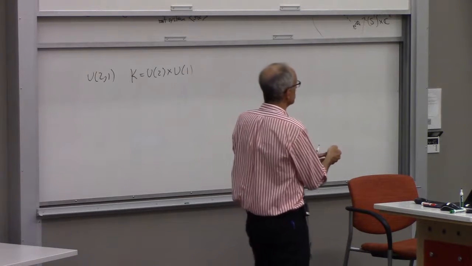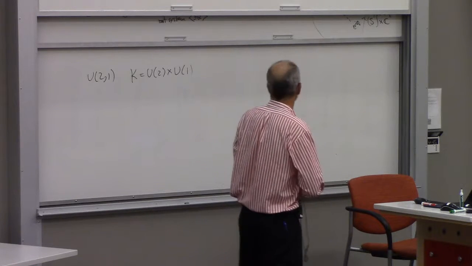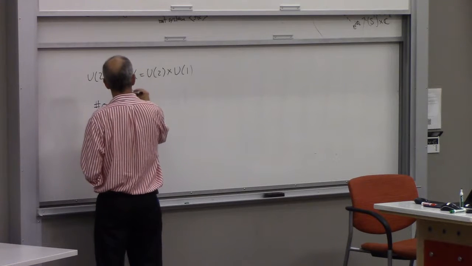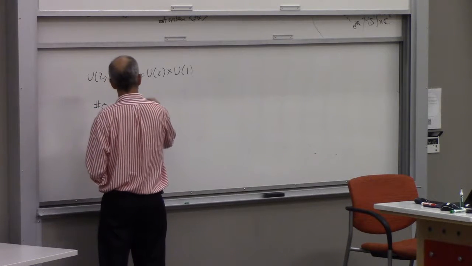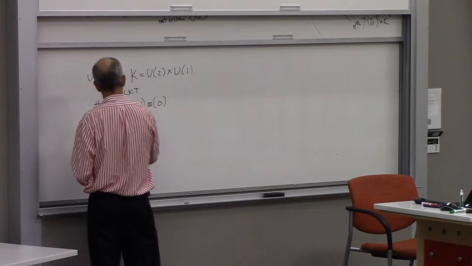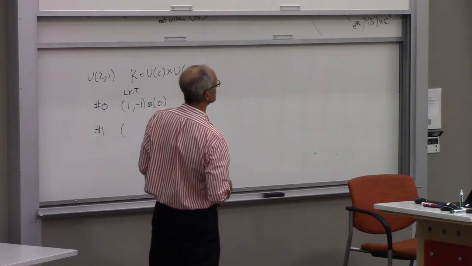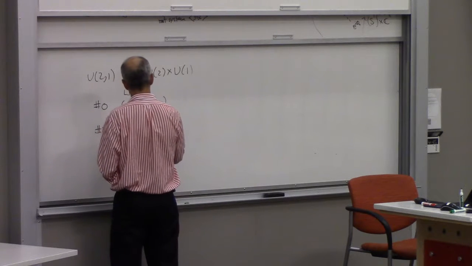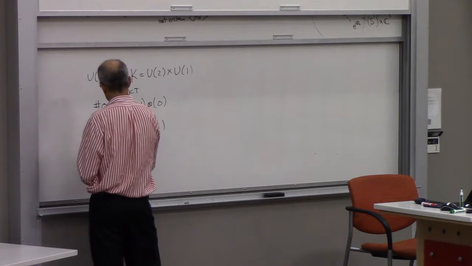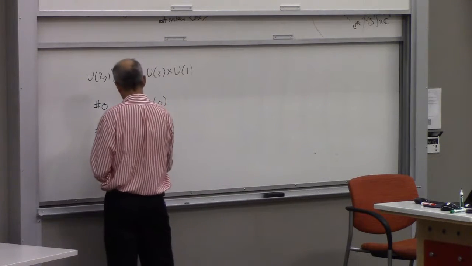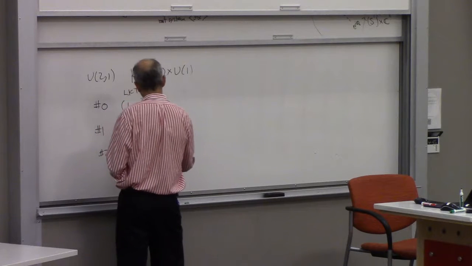And these are the human coordinates. Representation number 0 has lowest K type 1, -1, tensor 0. Number 1 has lowest K type -1, -1, tensor 2. And number 2 is 1, 1, tensor -2.